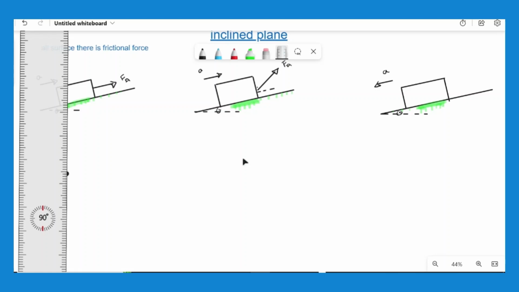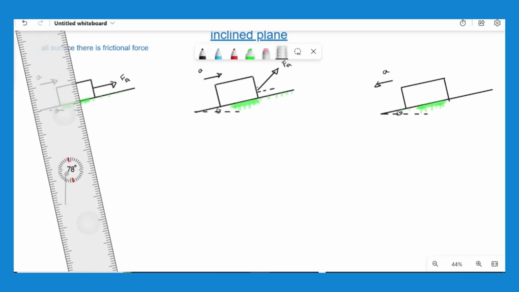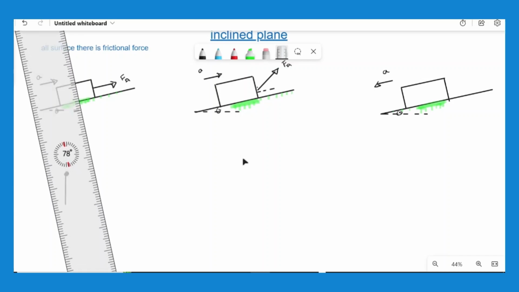So now we need to look at this surface and try to see how we can get that perpendicular force acting on the object. If you look at my ruler there, you can see that it is perpendicular to this.